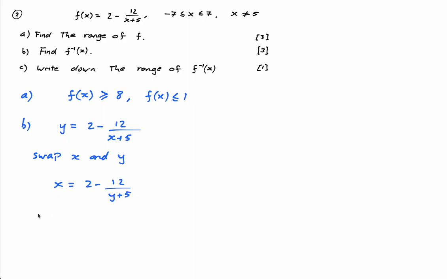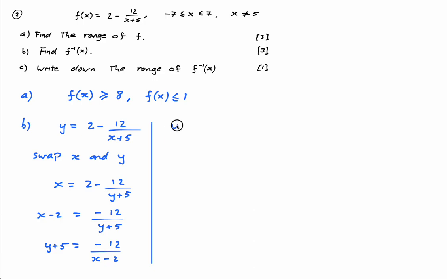So I'm going to subtract 2, minus 12 over y plus 5. I'm going to multiply across by y plus 5 and divide by x minus 2. So it's minus 12 over x minus 2. Come up here, and I will say y equals negative 12 over x minus 2 minus 5.